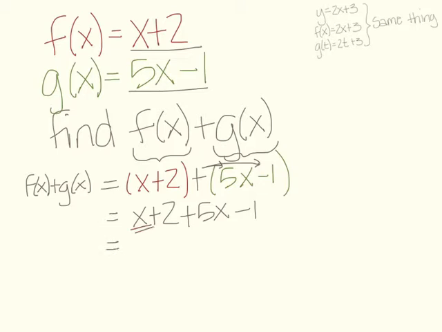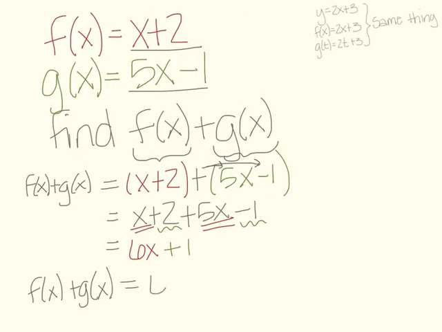So I have x plus 5x, which is 6x. I have a positive 2 minus 1, which is a positive 1. And there's no more that I can do with this. So f of x plus g of x can be reduced down to 6x plus 1, but no further, because I don't have like terms to combine.